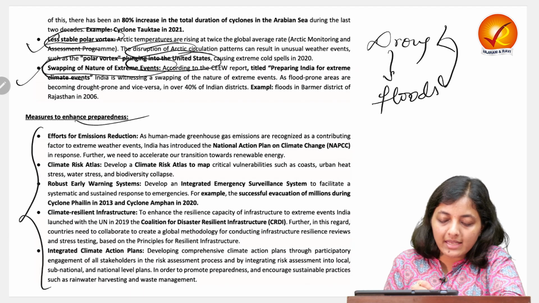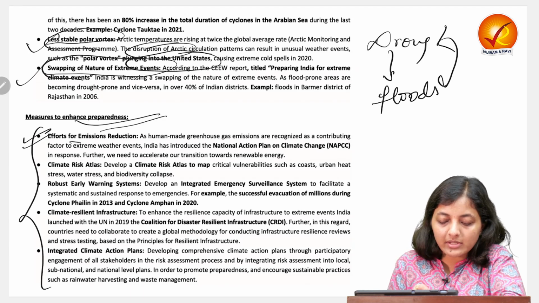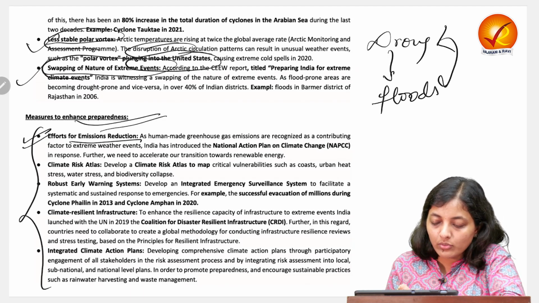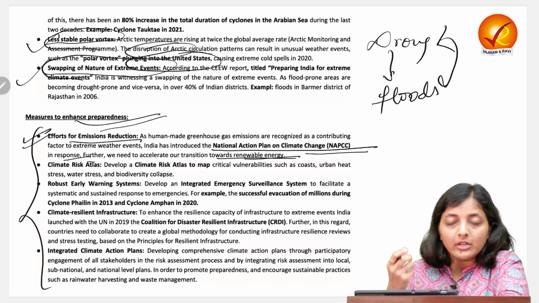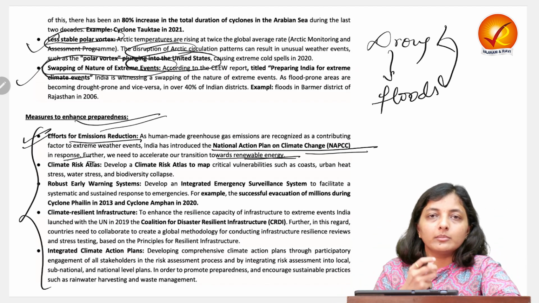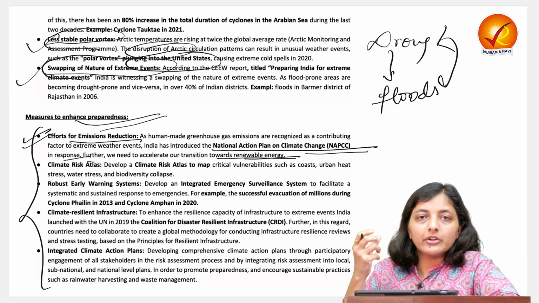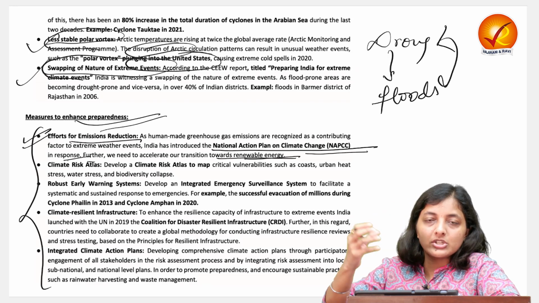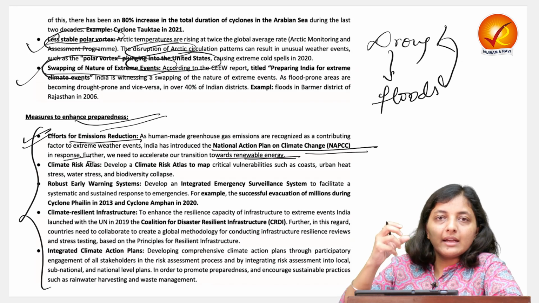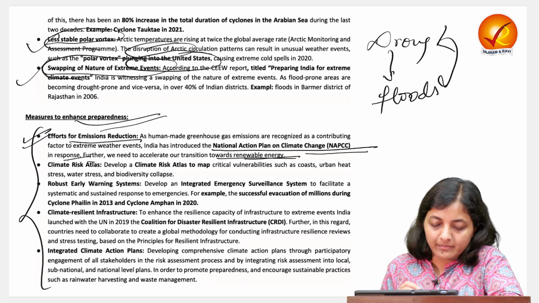Then the measures to enhance preparedness, like efforts for emission reduction, we have to abide by the NAPCC, and globally we are transitioning from a fossil fuel economy to a renewable sources based economy, so we have to accelerate that transition.